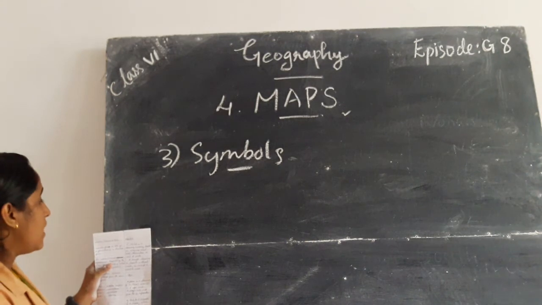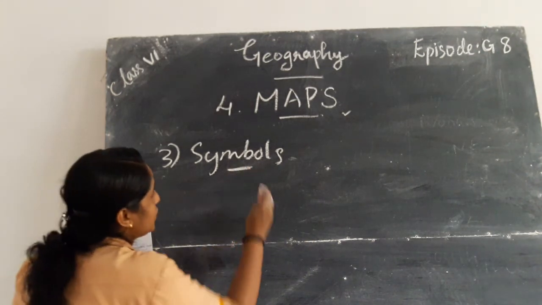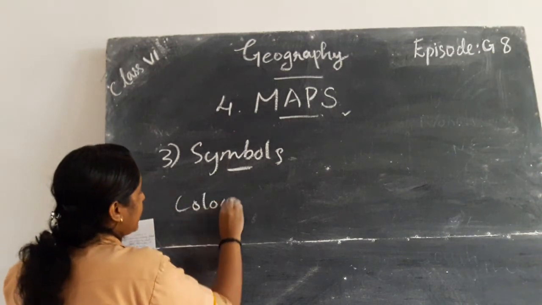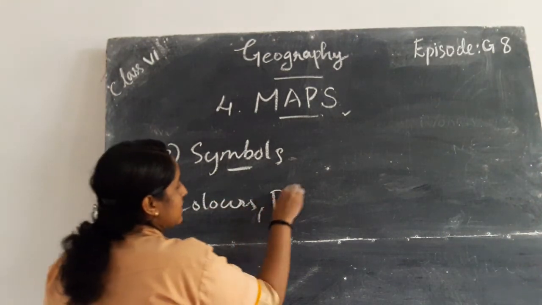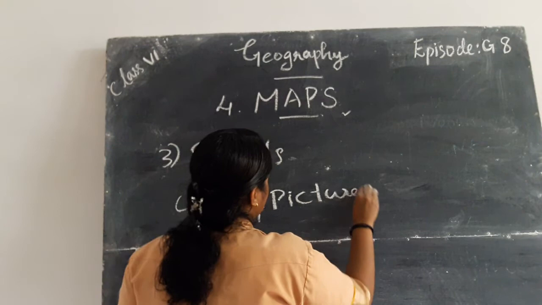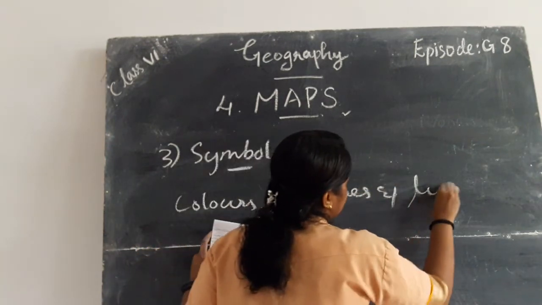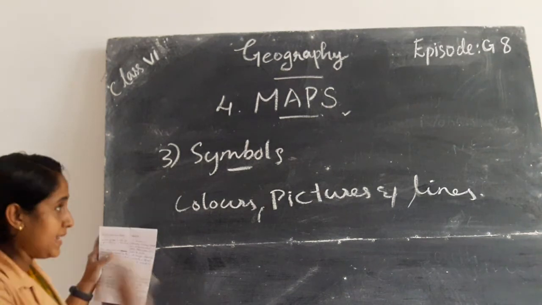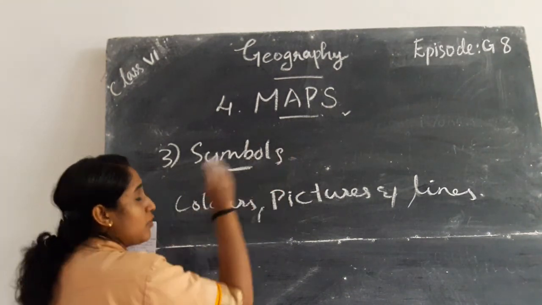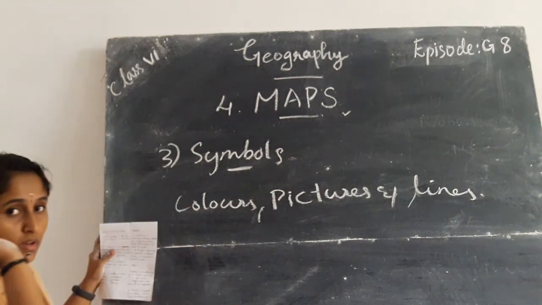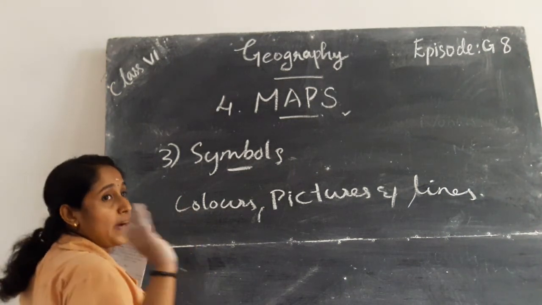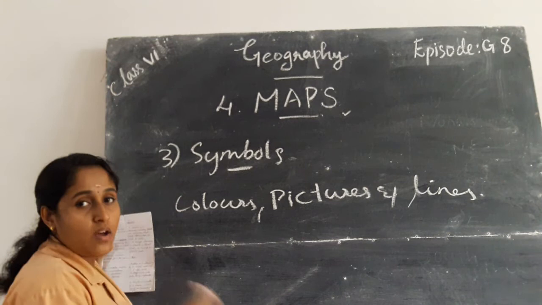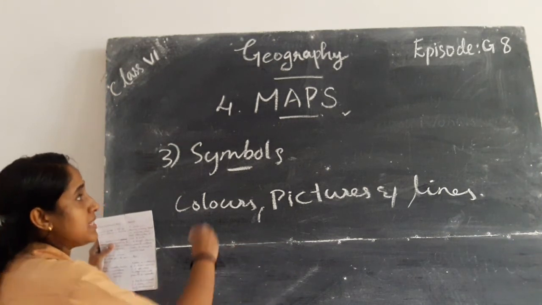Symbols can be used with colors, pictures and lines. For example, if we want to identify buildings, rivers, forest, and rail or road, we use symbols.